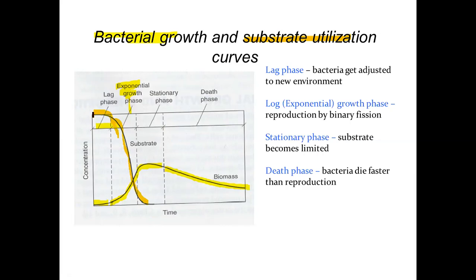Actually it should be BOD because this is about microorganisms. At the lag phase, the BOD value slightly increases. During the exponential growth phase, the BOD value reduces drastically. And in the stationary and death phases, the BOD value does not change.